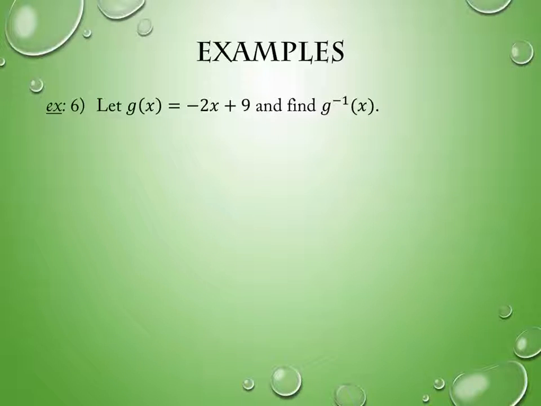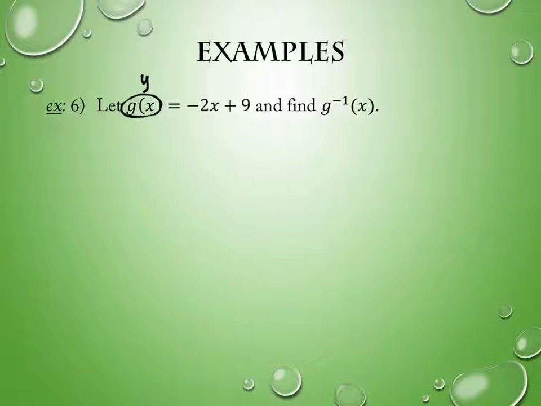So the first thing I do is what? What was step 1? Yep, switch g of x, which means y, to say what? Right now, I know it doesn't look like it, but this is really just y already.